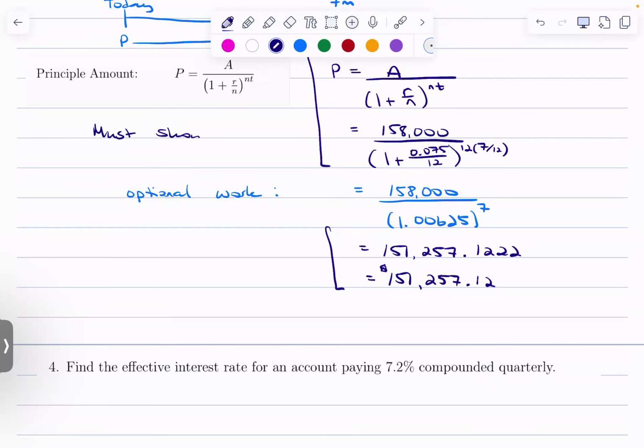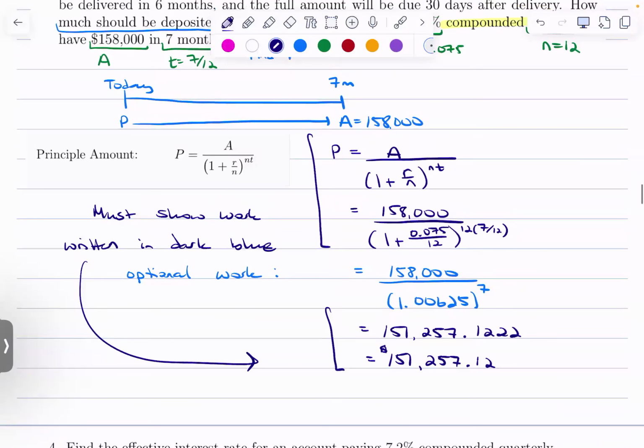Must show work written in dark blue. And down here. So you're allowed to skip that light blue one.